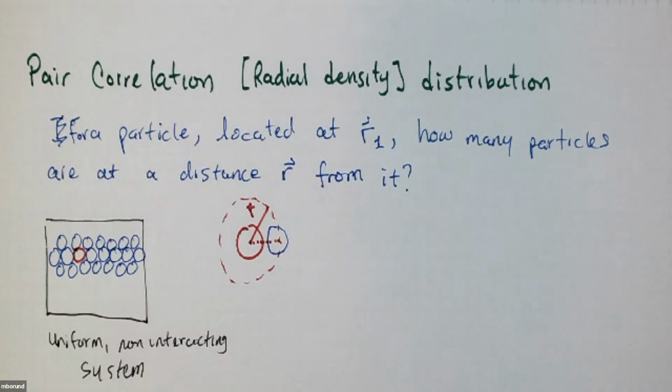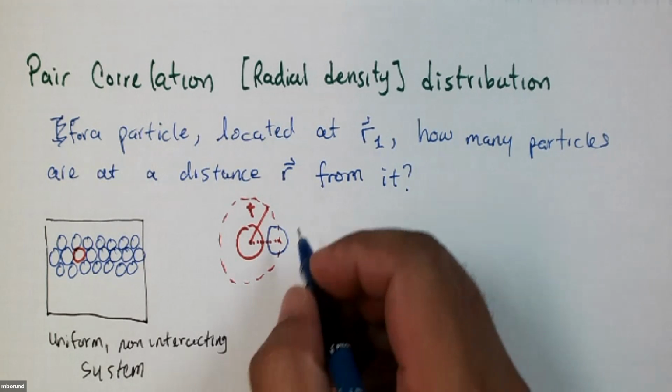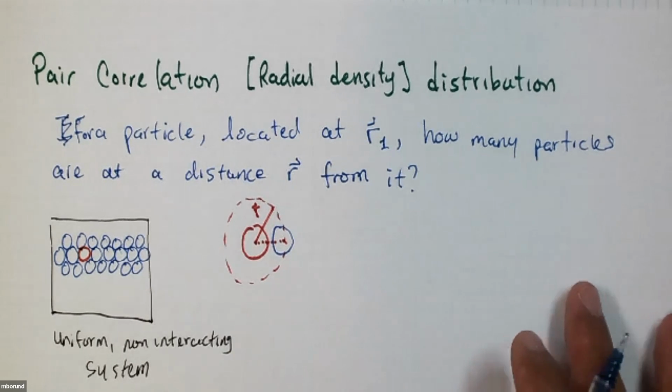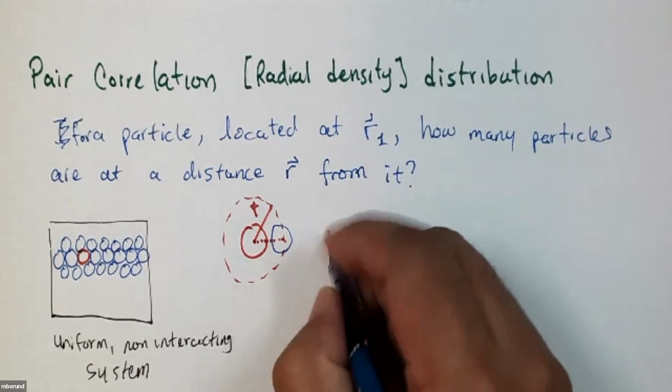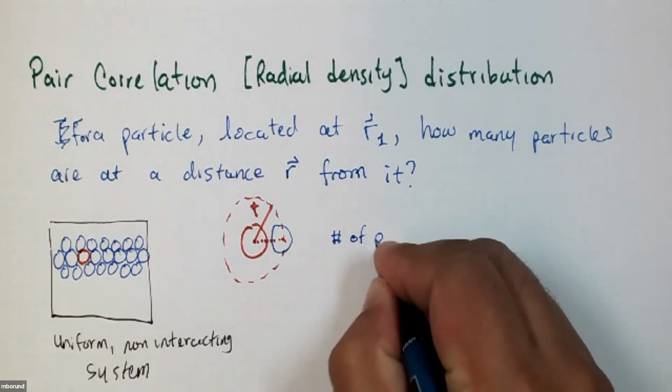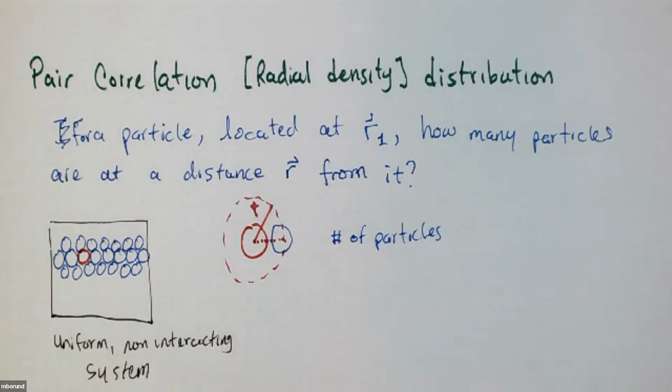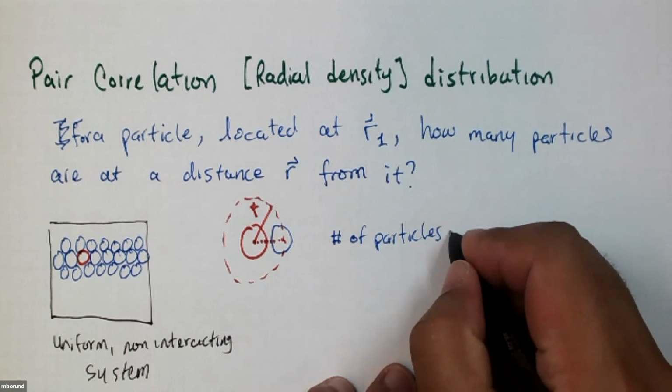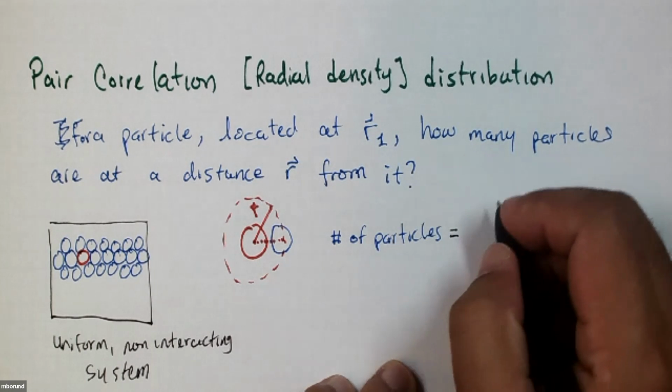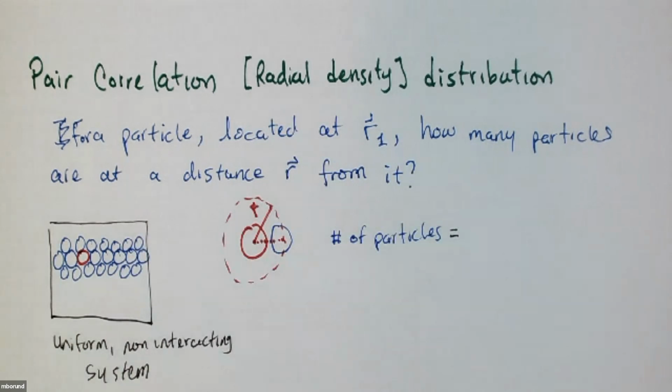In this uniform system, what I have is that the number of particles is three-dimensional too, okay? Is equal to, and then I have a sphere around me as I move away a distance r, right? But it's the same density everywhere outside of it. So as I go out, this r changes.